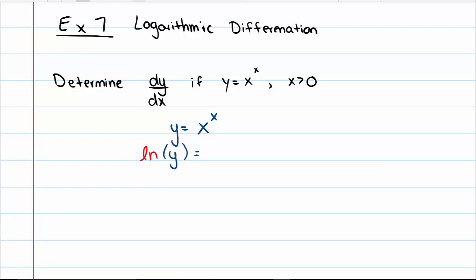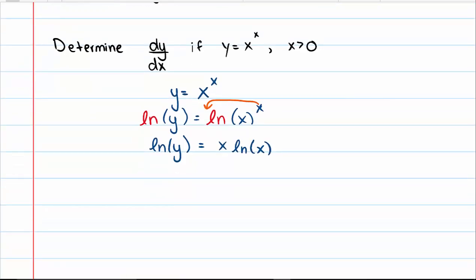This is going to be equal to ln of x to the x power. So with logarithms, you can take the exponent and move it to the front. So you get ln of y is equal to x ln of x. Well, this is very helpful because now we don't have any variables in the exponents.